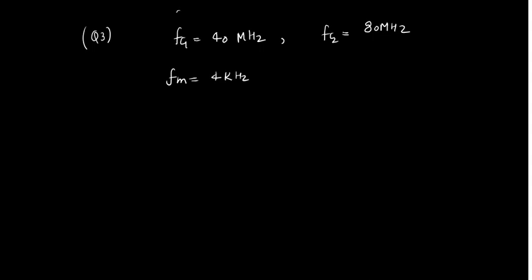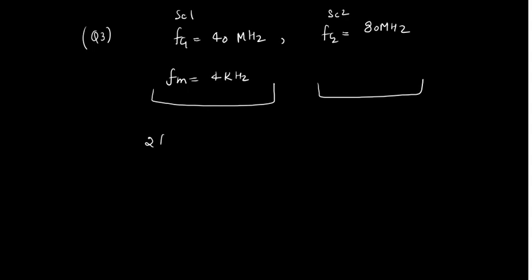So this is scenario 1 and this is scenario 2, and we are claiming that the bandwidth for scenario 1 is the same as the bandwidth of scenario 2. So what is the ratio of peak frequency deviations?